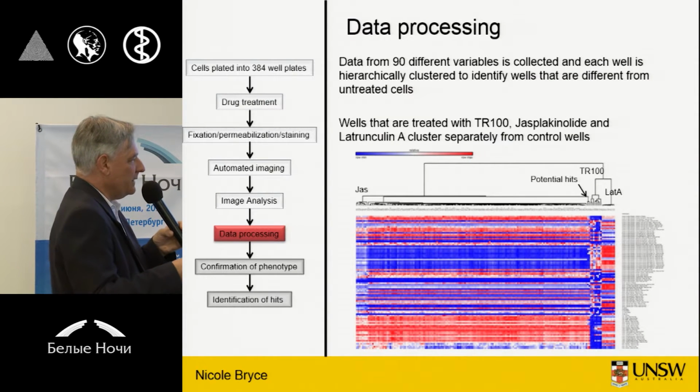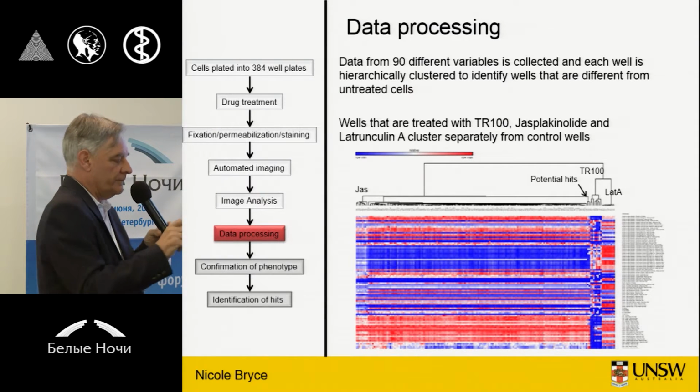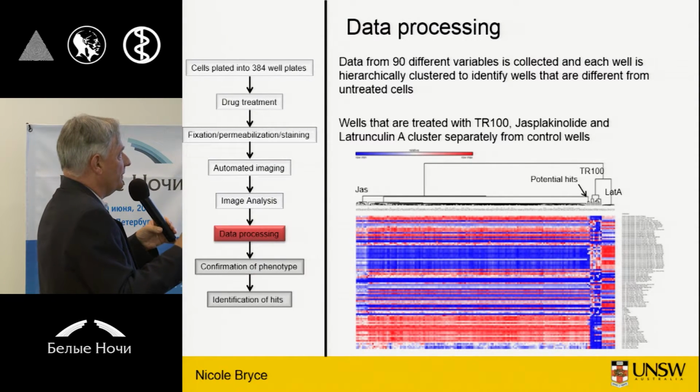So in mathematical speak, what this means is that we have approximately 90 different variables that are measured in every well. You then map those 90 variables into what's called 90 space, and you generate a map like this where for every individual molecule you have each of these parameters scored.